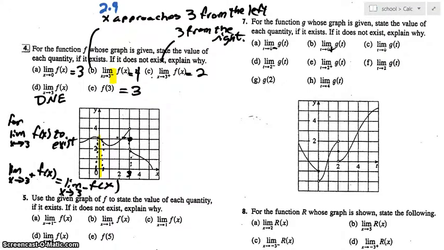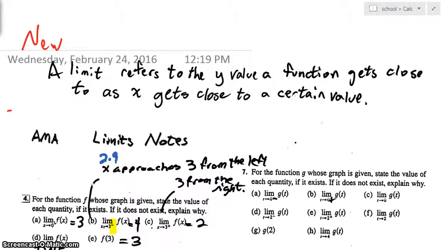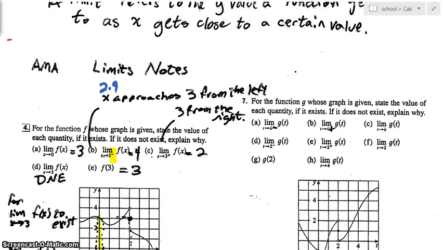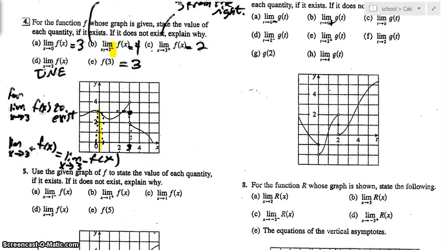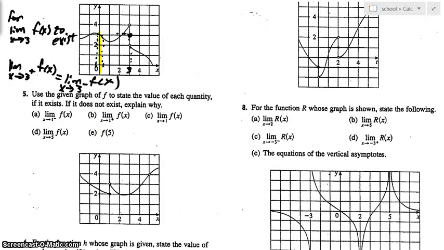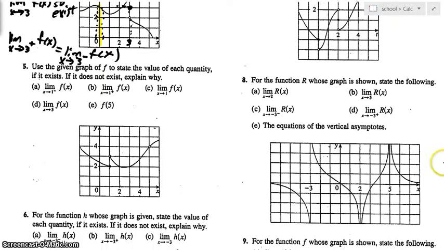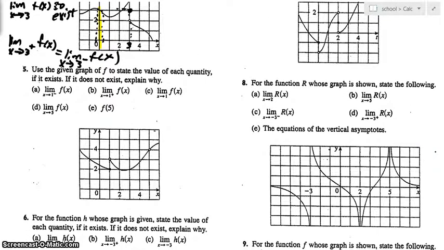Okay? Tell you what, let's do some more. We'll scroll down a little bit, because number 5 is just below it. And here's number 5. It says, use the given graph of f to state the value of each quantity.